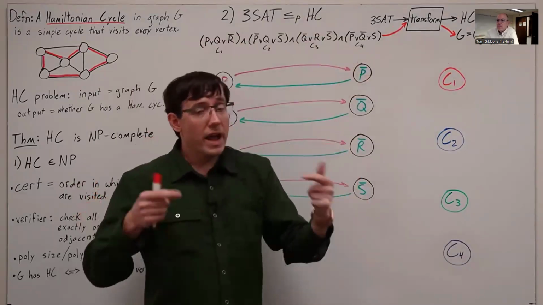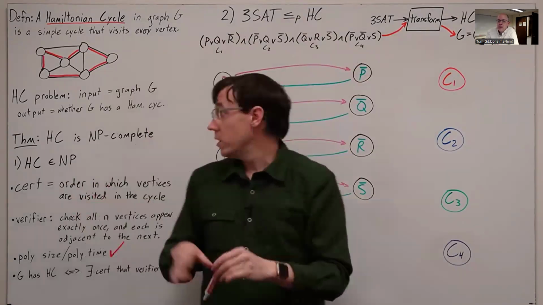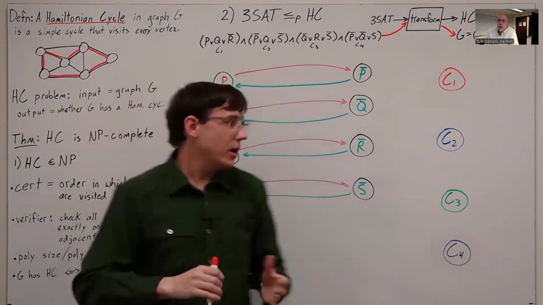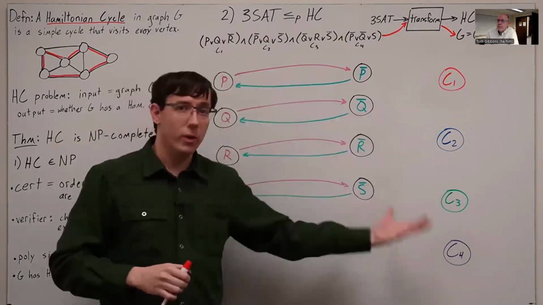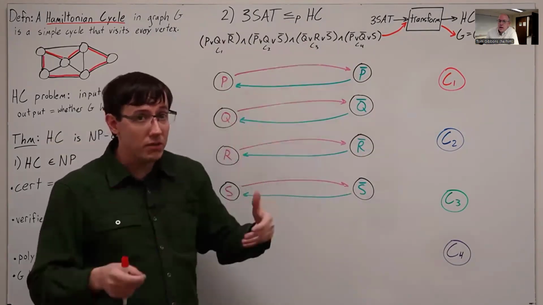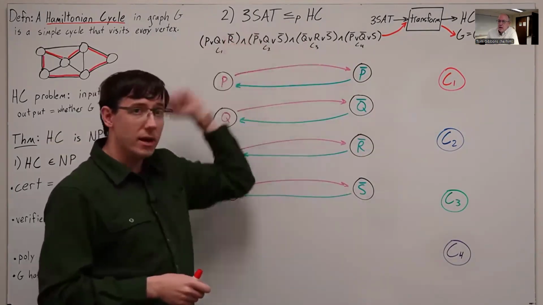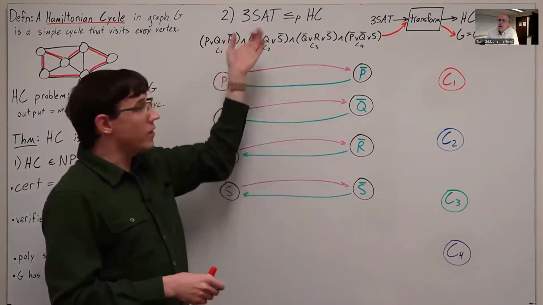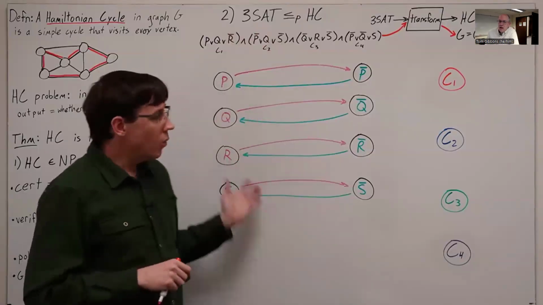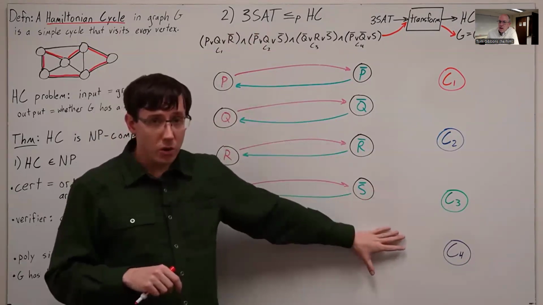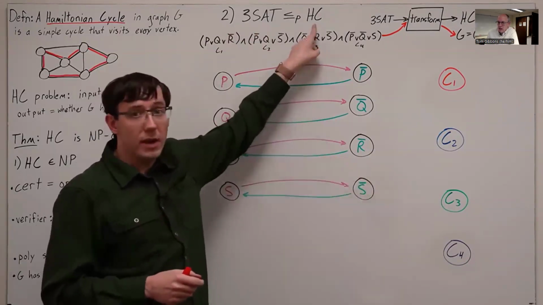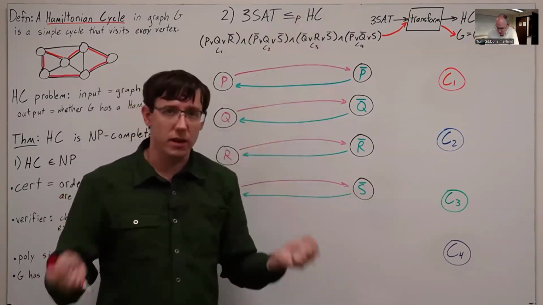And if there were an efficient way to solve Hamiltonian cycles in general, then it would also have to handle the weird graphs that encode 3-SAT problems, which would mean it would give us an efficient way to solve 3-SAT problems, which would mean that P equals NP. And since we don't think that P equals NP, once we figure out how to do this encoding, we'll conclude that we probably don't have a polynomial algorithm for solving Hamiltonian cycle.